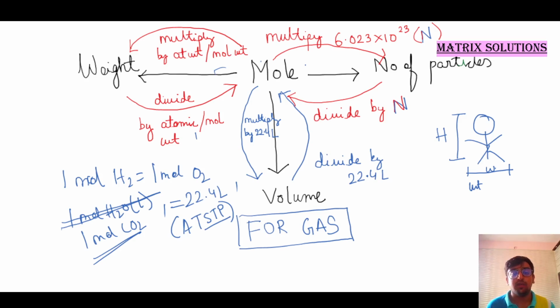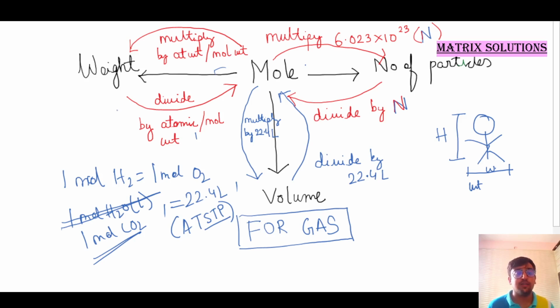Multiply with 2. If it is 1 mole, you will say this thing, and if it is 2 moles, then 6.023 into 10 to the 23 into 2, or 3 moles into 3. Suppose in the question you are given this amount of molecules. So how will we get the moles? Divide by 6.023 into 10 to the 23, that is Avogadro number. Just unitary method, nothing else.